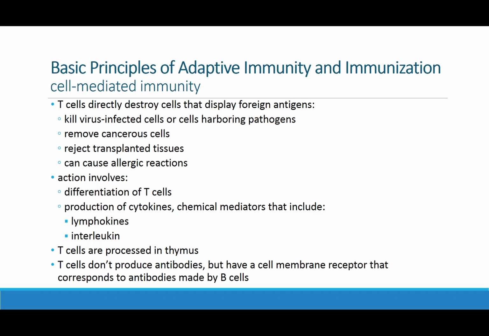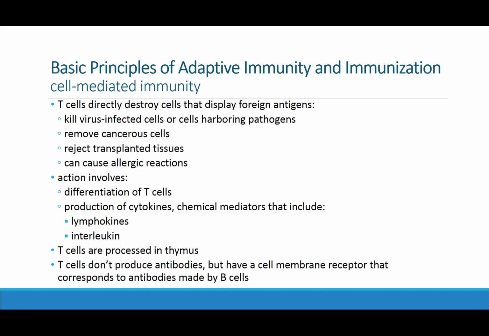They can cause rejection of transplanted tissues, and they can also cause allergic reactions as we encounter allergens. And this action involves the differentiation of T cells. We're going to see that T cells, as they get activated, can differentiate into a variety of cells.